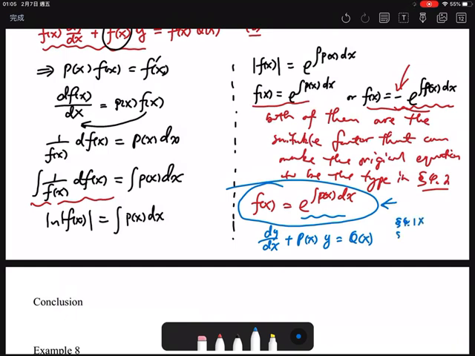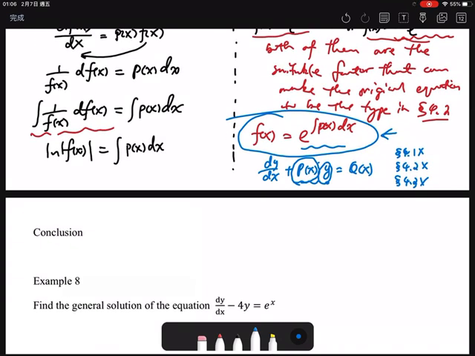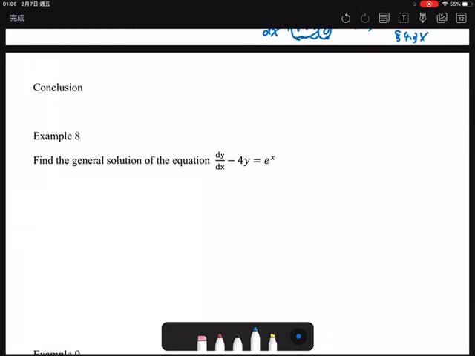If it can't, we try the way in section 4.2, and if it also can't, we try the way in section 4.3. You have to identify what p(x) is here: it can be regarded as the coefficient of y. Now let's look at an example.